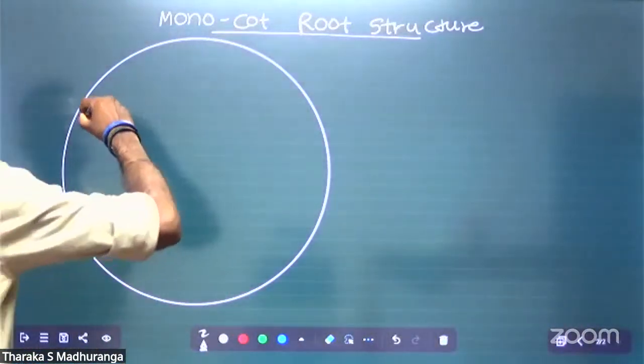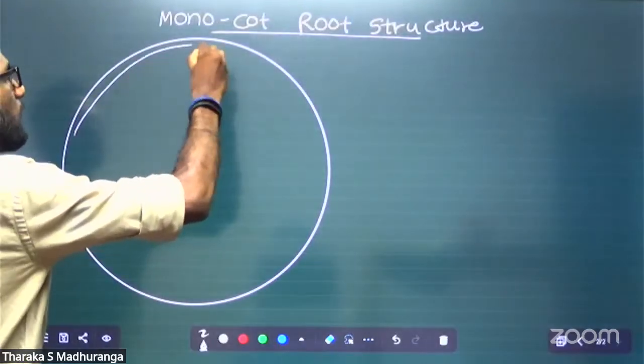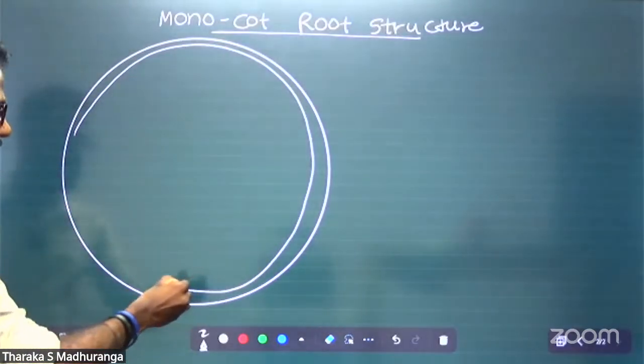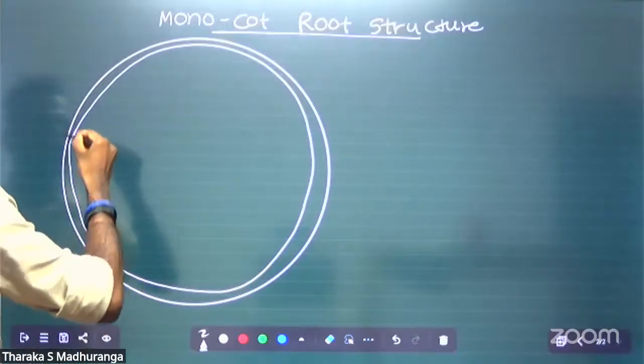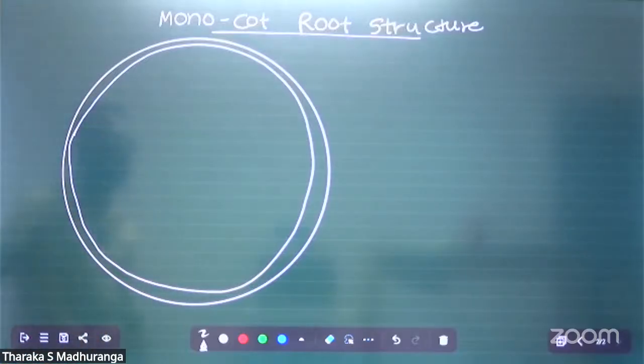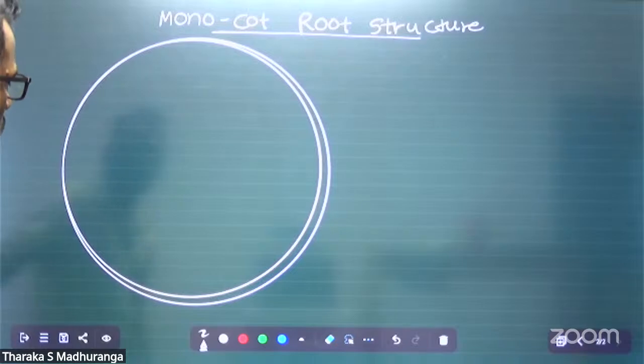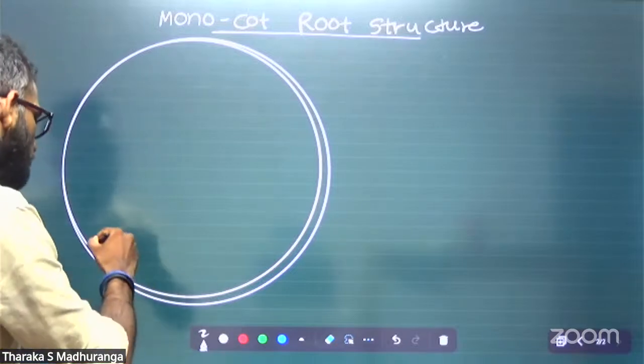Then draw another circle inside of this. Again, you need to maintain the same gap.